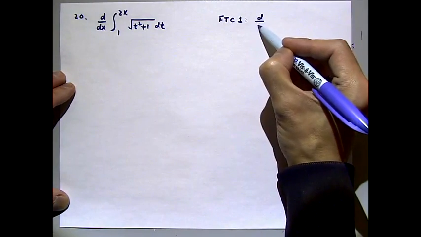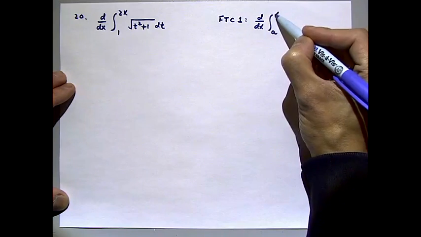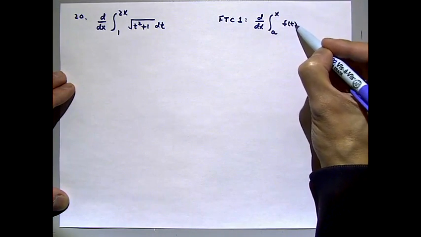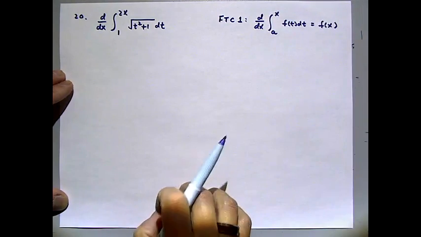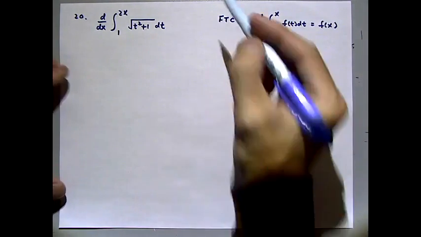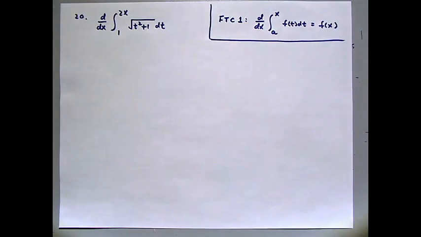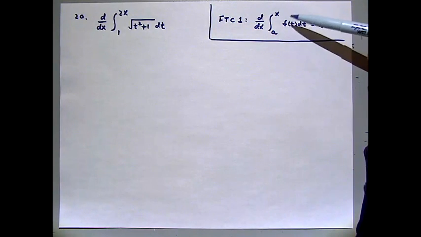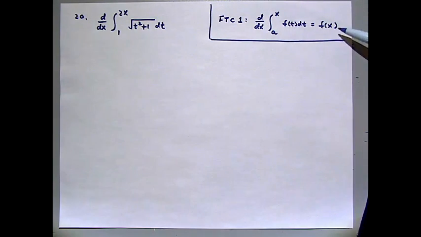So this we have to turn to the first version of the fundamental theorem of calculus. FTC1 says the derivative of the integral from a constant a to some variable x of some curve as a function of t is the same as whatever that curve is as a function of x.